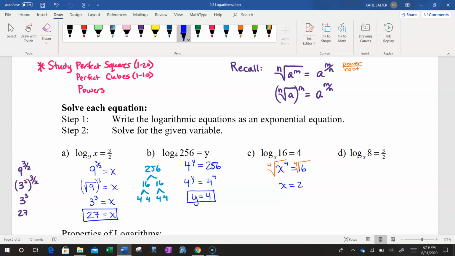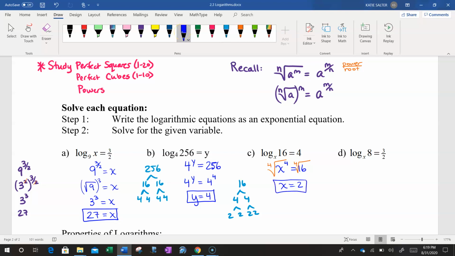And again, if you don't recognize that, you can go to the side and break down 16. That's 4 times 4, and then 4 is 2 times 2, 2 times 2. We would not put plus or minus on this one because you can't have a negative base. Remember your rules from where we learned about exponential functions: the base has to be positive and the base cannot equal 1.